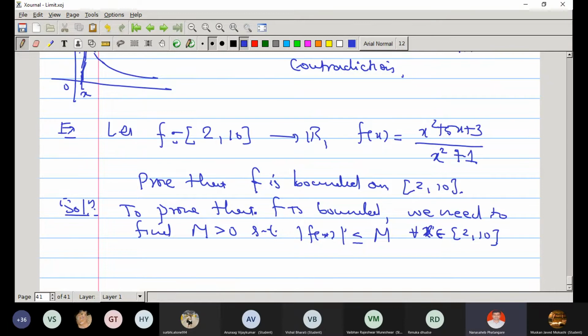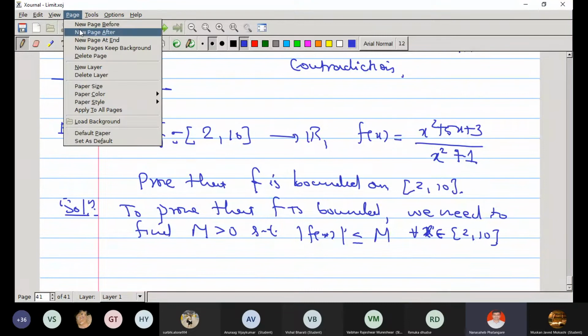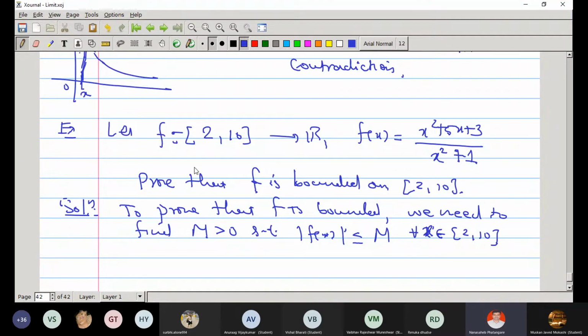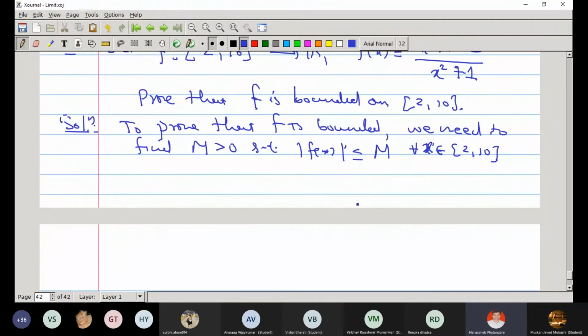So how to produce m? We want to produce a number m so that we can declare that the function is bounded.